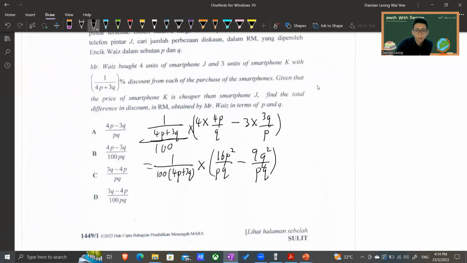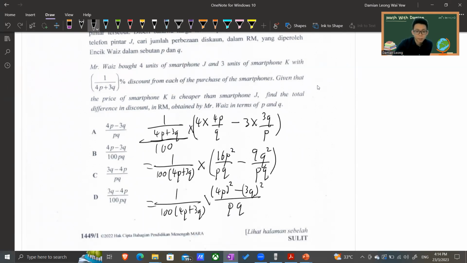Then I can combine them: 16p square minus 9q square. 16p square is the same as 4p bracket square, 4p times 4p. 9q square is 3q times 3q. So I can factorize this because this is a square minus b square.